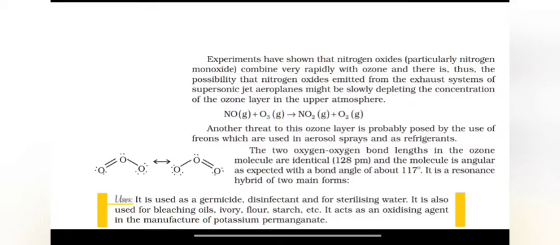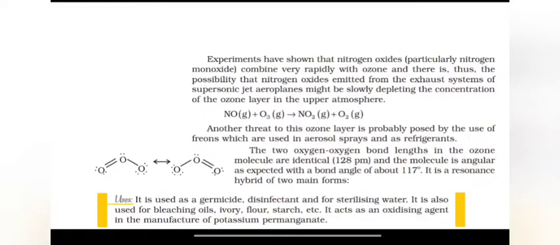Another threat to this ozone layer is probably posed by the use of freons, which are used in aerosol sprays and as refrigerants. The two oxygen-oxygen bond lengths in the ozone molecule are identical, and the molecule is angular as expected, with a bond angle of about 117 degrees.